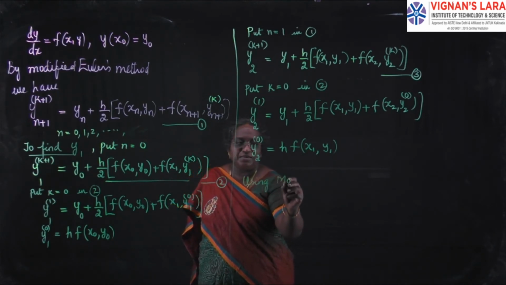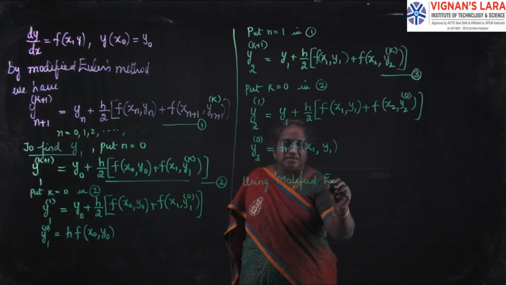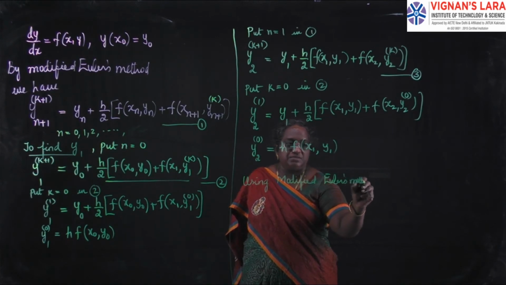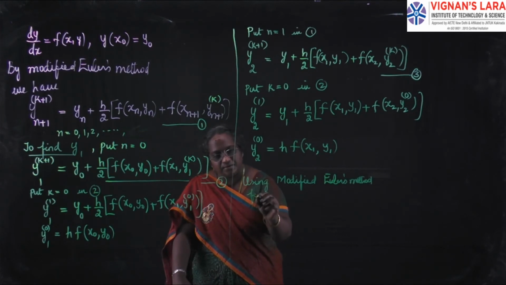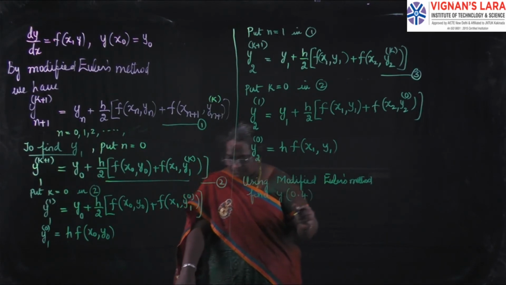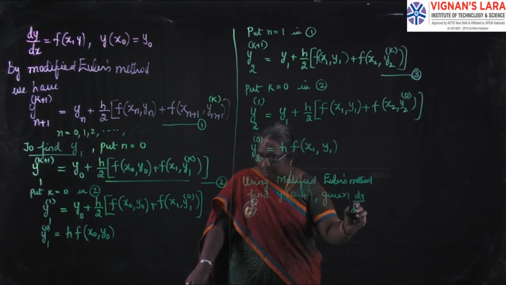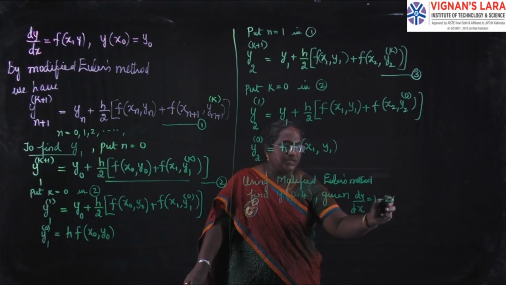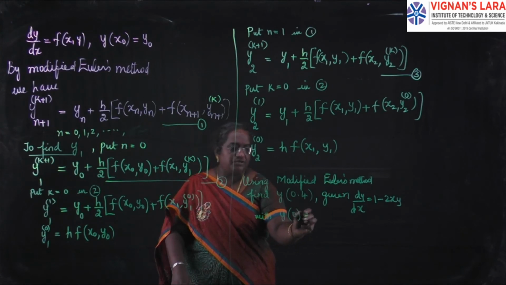They will mention the method: using modified Euler's method, find y of 0.4, given dy by dx is equal to 1 minus 2xy with the condition y of 0 is equal to 0.